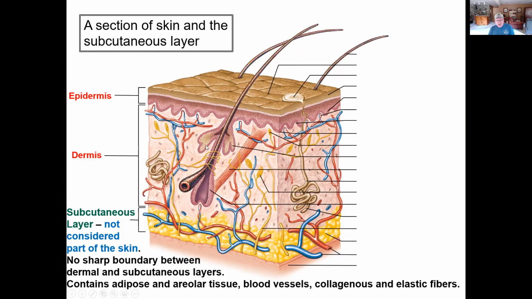So unlike the basement membrane, which we said was fairly easy to distinguish visibly on a stained histologic section, because once we get past that, the look of the tissue changes really remarkably and is pretty conspicuous, and I think you'll agree that it is a pretty obvious switch from purple to light pink, that is not the case down here. It's a more diffuse boundary between the dermis and the subcutaneous layer.